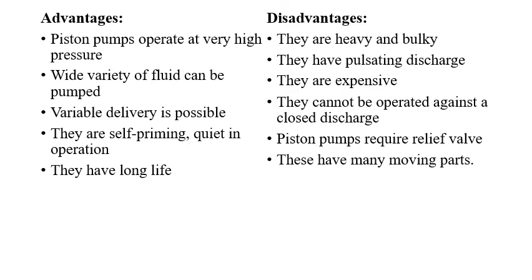Advantages of piston pumps. Piston pumps operate at very high pressures. A wide variety of fluid can be pumped. Variable delivery is possible. They are self-priming and operation is quiet. They have a longer life. And in case of disadvantages, piston pumps are heavy and bulky.